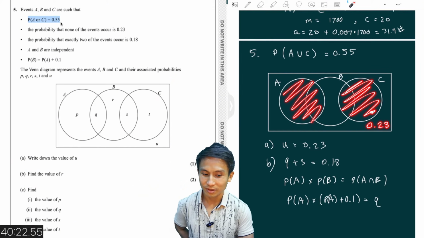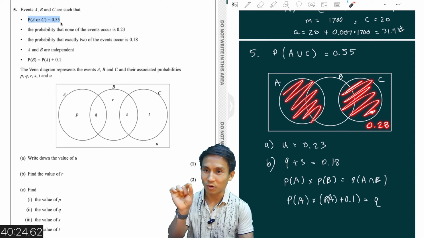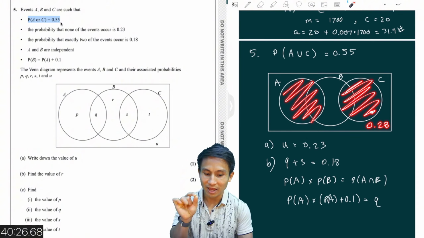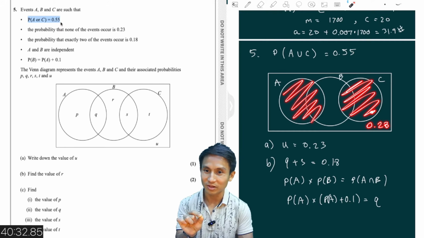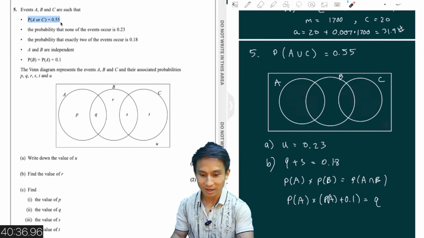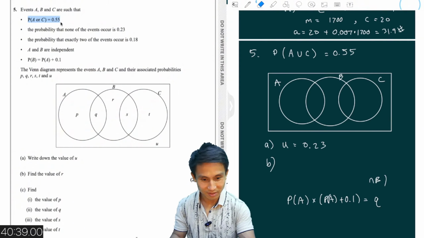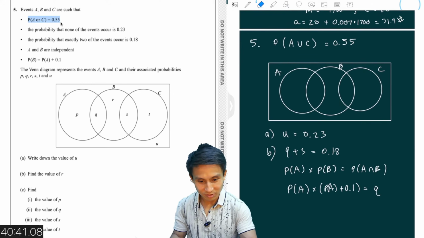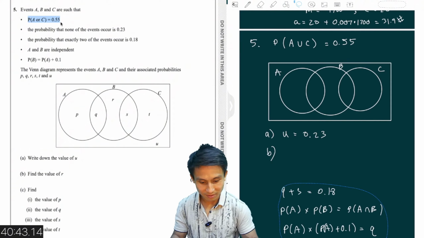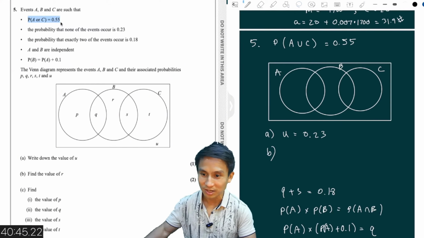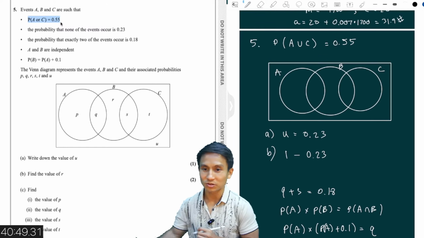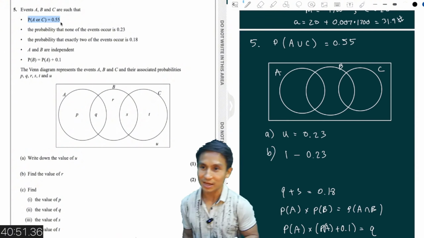So if you add the 0.55 and the 0.23, the remaining should go to R, because that's the only area left unconsidered here. Nothing hard about this. So part B is just 1 minus 0.23, which is the U, and the whole lot of A and C.